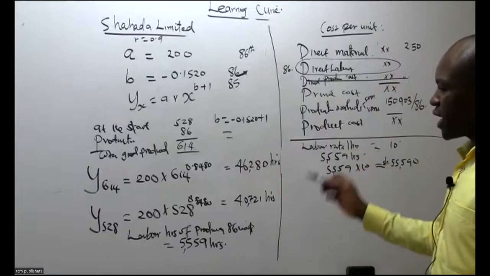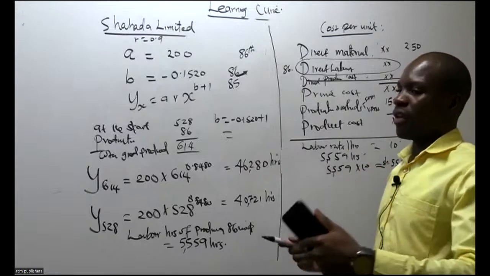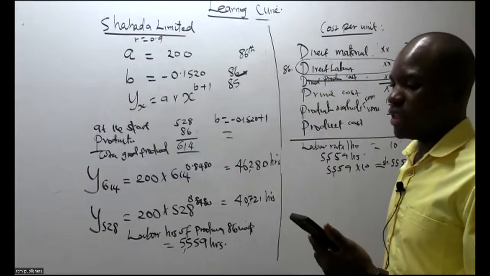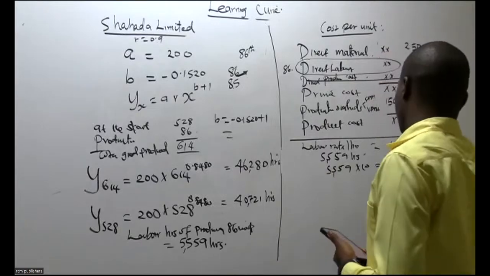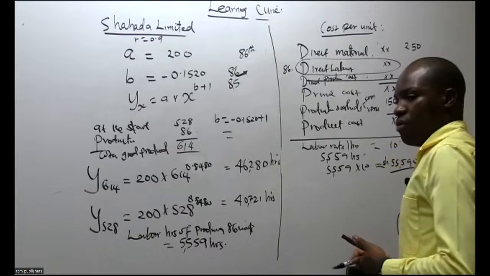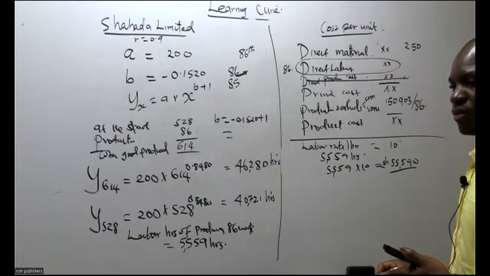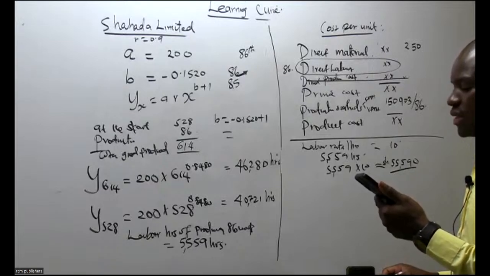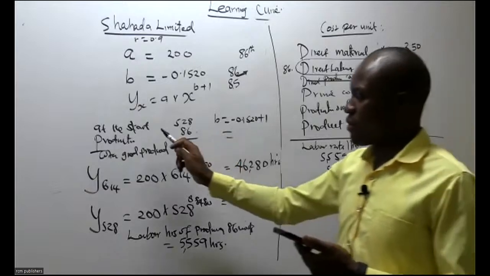This amount was incurred during the previous period. And in the previous period, how many units did they manage to produce? No, that is the start.